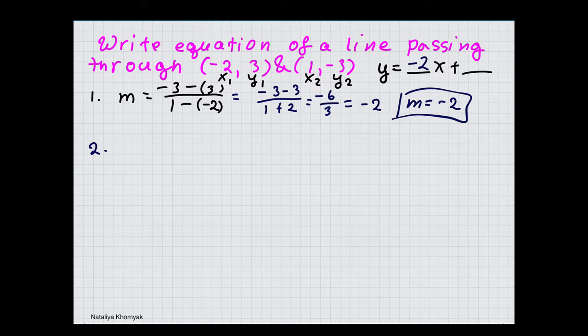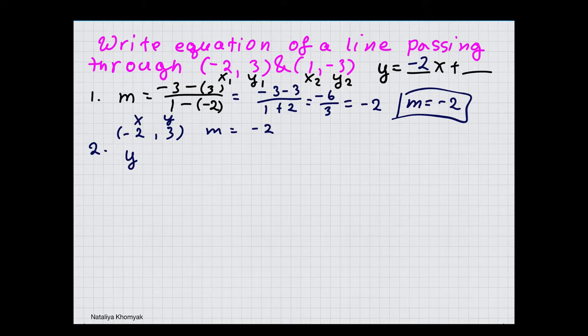Next thing you want to do is substitute slope and one of the points, and I will do -2, 3 for x, y, and slope is equal to -2.